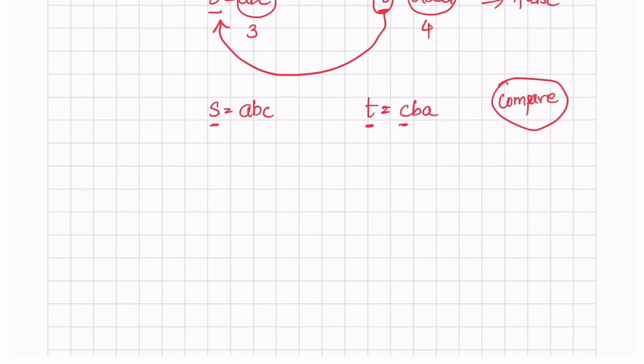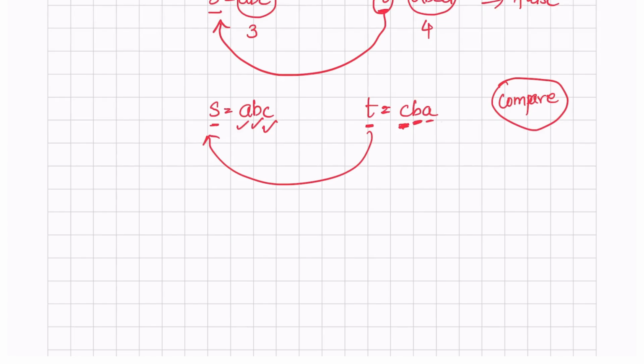So let's walk through this. For every character in T, the first character is C. Is there a C in S? Yes. For the second, B, is there a B in S? Yes. For an A, is there an A in S? Yes. So T is a valid anagram of S.